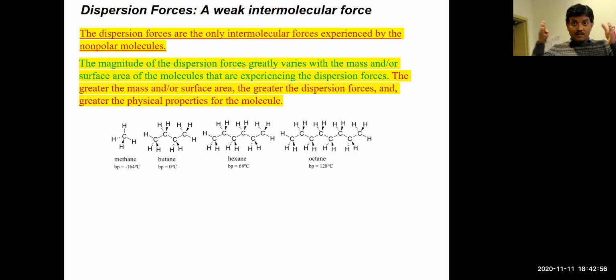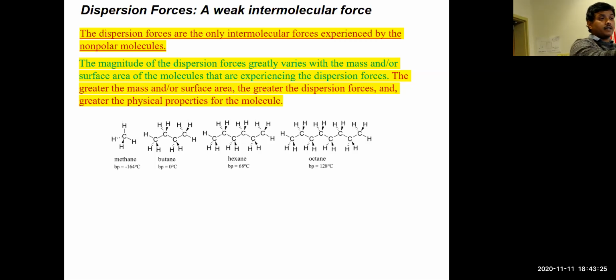As a result of greater surface area in hexane, again, more hexane molecules are overlapping efficiently over another hexane molecule with the help of instantaneous dipoles created by each one of these carbon centers and hydrogen centers. As a result, hexane is relatively more stable compared to butane. It is boiling at 68 degrees Celsius, which means it is a liquid at room temperature, whereas butane is not a liquid at room temperature.